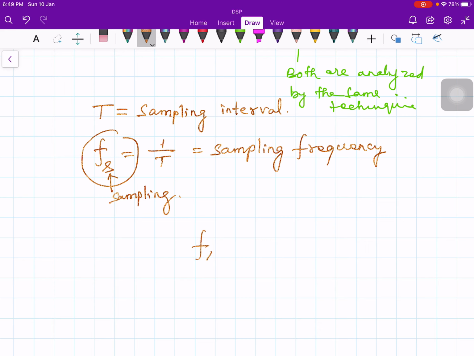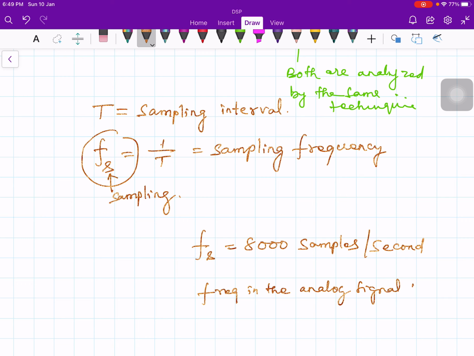When I say my sampling frequency is 8000 samples per second, then the frequency content in the analog signal must not exceed half of the Fs.